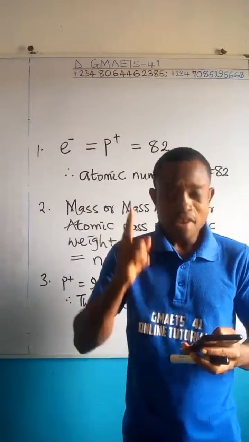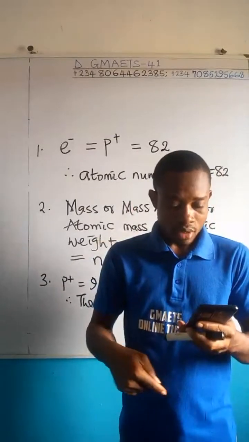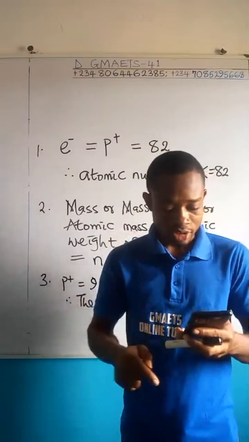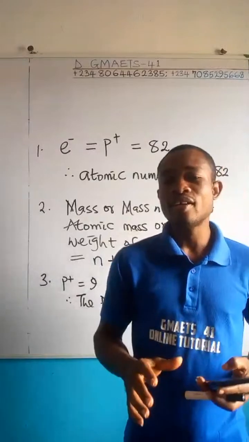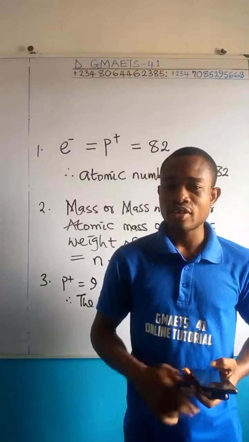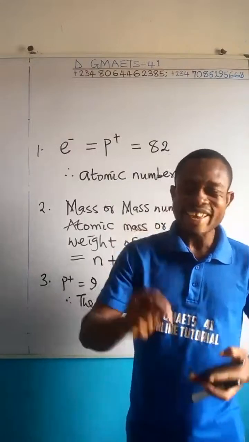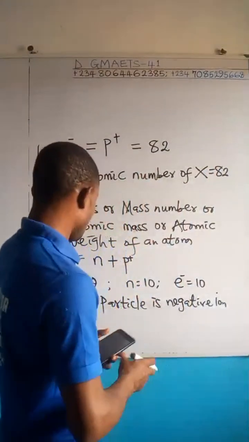Option A says 8 valence electrons. B, 7 valence electrons. C, 2 valence electrons. D, valence electrons. The correct answer here is option A, which is 8 valence electrons. How do we know that option A is the correct answer?